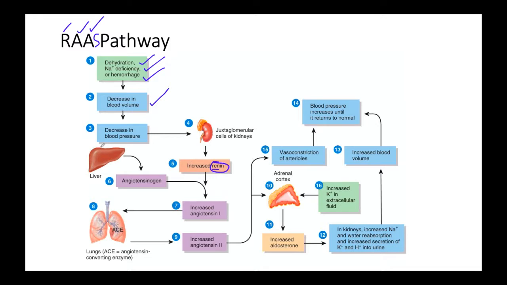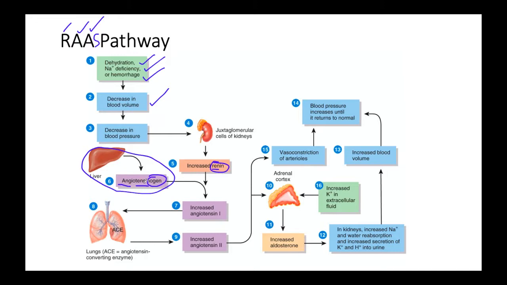Whereas the liver is producing something called angiotensinogen, and anything that ends in -ogen is inactive. So how do we activate angiotensinogen? And if you look at the word, angio is blood vessel, tensin sounds like tension. So this hormone or enzyme that's inactive is going to be involved in regulating blood pressure.